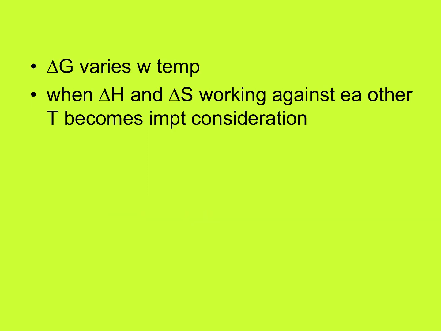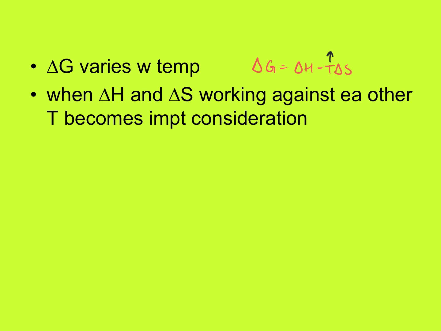So it is important to understand that the value of delta G does change depending on the temperature. If you increase temperature, that's going to increase the magnitude of the T delta S term, and that means that delta S would have a greater impact on what delta G is.